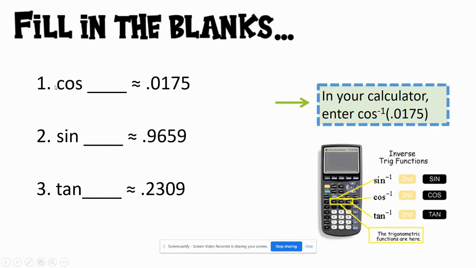So for number 1, what I'd like you to do is go to your calculator, whether you own one or whether you're using the Desmos scientific one, and enter in inverse cosine of 0.0175. And I'd like you to round to the nearest whole number, so the nearest degree. Try these 3 problems out. So why don't you pause the video and try these out, and then we can check to see if you got these correct.